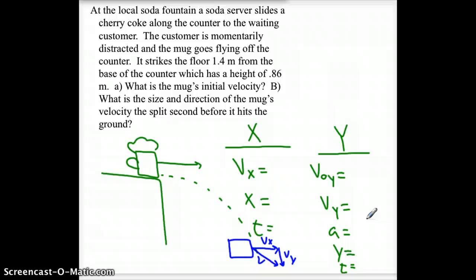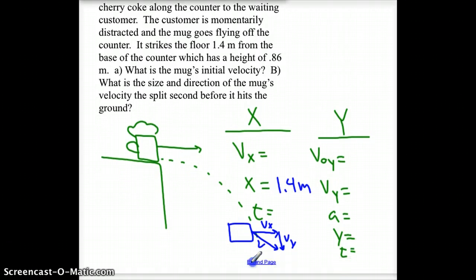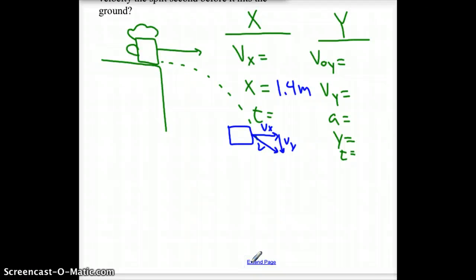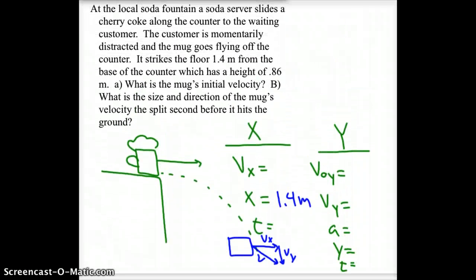It strikes the floor 1.4 meters from the base of the counter. I also know that in the beginning, it leaves the counter with a V initial of y of 0, and the counter is 0.86 meters high.